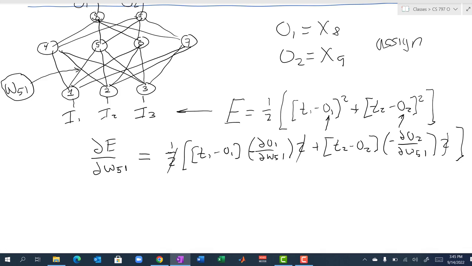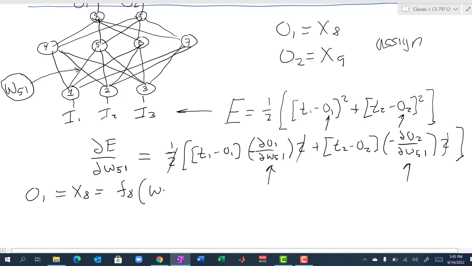All right, so the next thing we need to calculate is this derivative here and this derivative here. So what's O1? It's x8, which is the activation function for that neuron, times the sum of its weighted inputs.